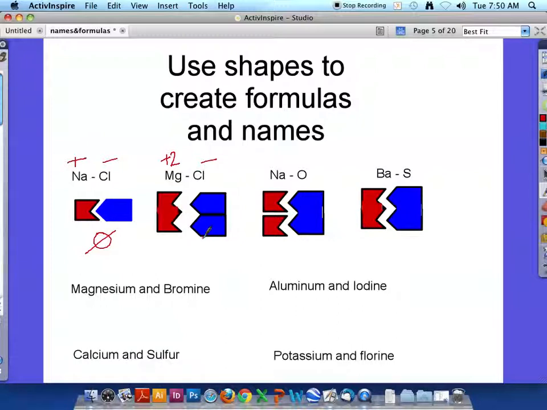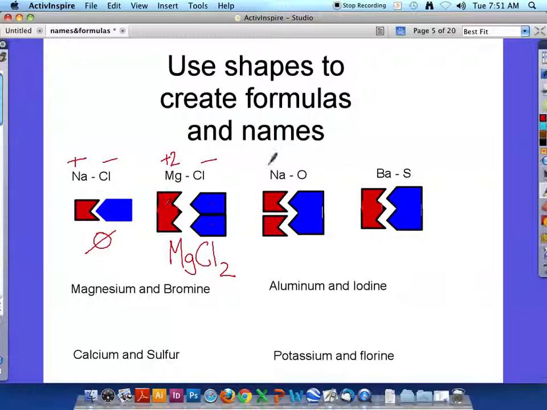So if you need to identify what the compound looks like, when you write the formula, you've got 1 magnesium canceled with 2 chlorine. Here is 1, there's the other, and only 1 magnesium.